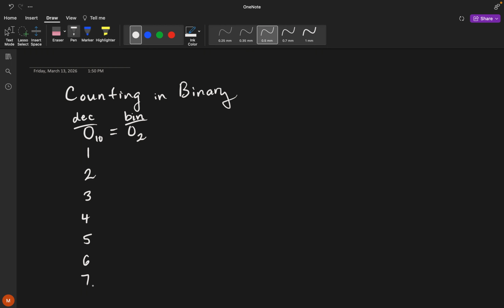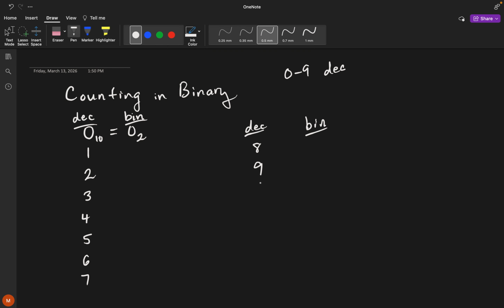Now, notice in decimal, I've got all these shapes 0, 1, 2, 3, 4, 5, 6, 7, and then it continues with 8, and then 9, and then remember decimal has shapes 0 through 9. And so when I run out of shapes, what do I do?